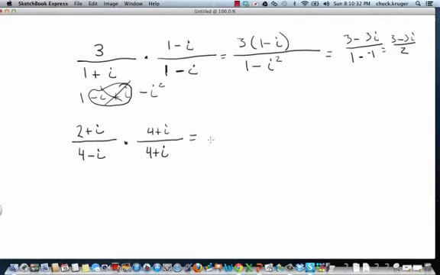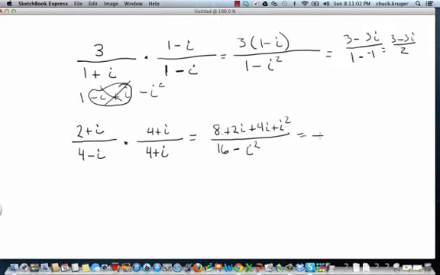On the bottom, again, I just have to worry about multiplying the outside, so I'm just going to take 4 times 4, which is 16, minus i times i, which is i squared. And then the top I'm going to have to FOIL. Here's my first, which is 8, my outer, which is 2i, my inner, which is 4i, and my last is going to be plus i squared. Okay, first, outer, inner, last.